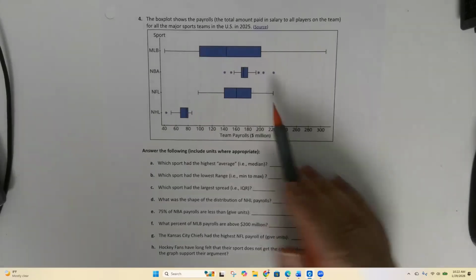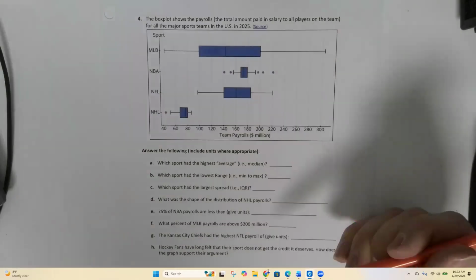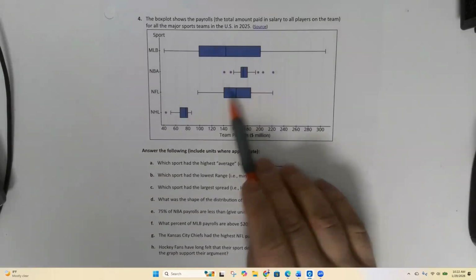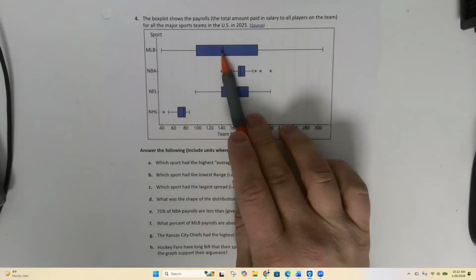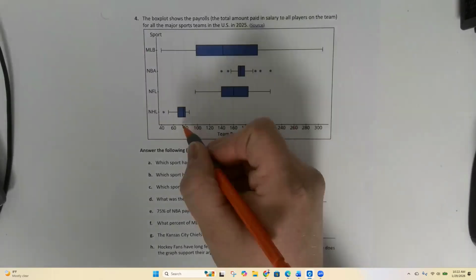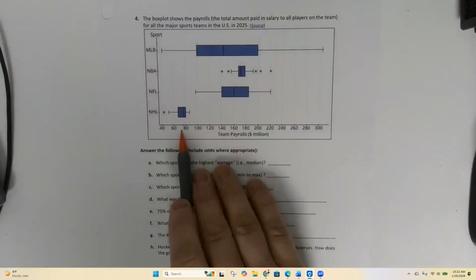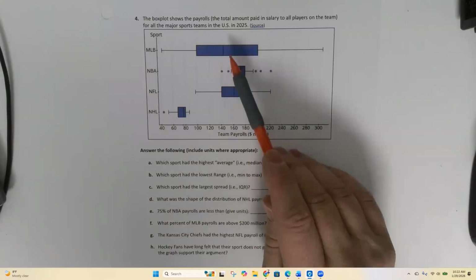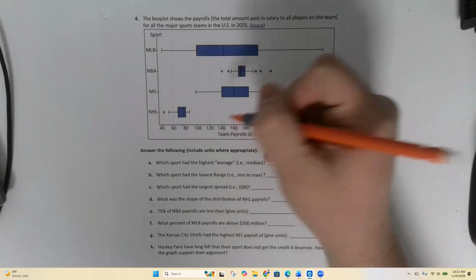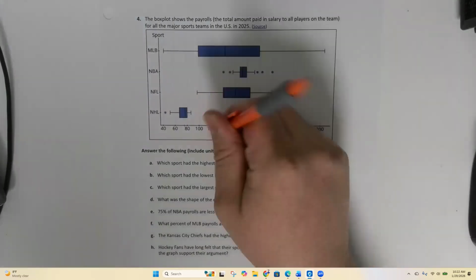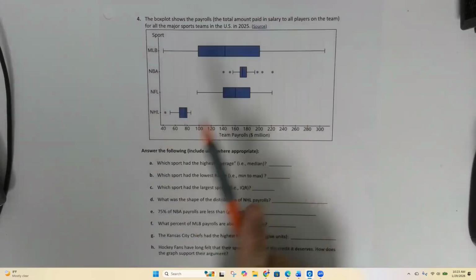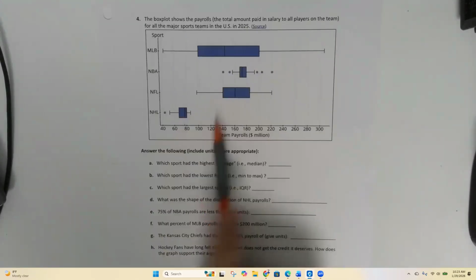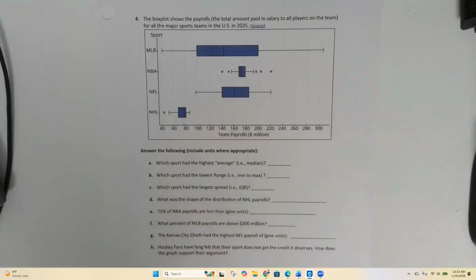We can use median here. The median is the middle line. So this median right here is at, I don't know, $75 million. This median here is at like 145, okay?